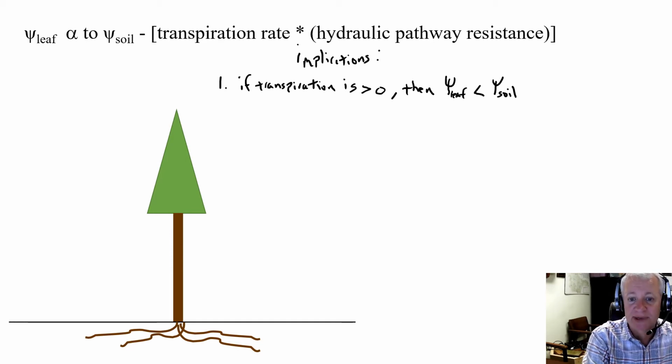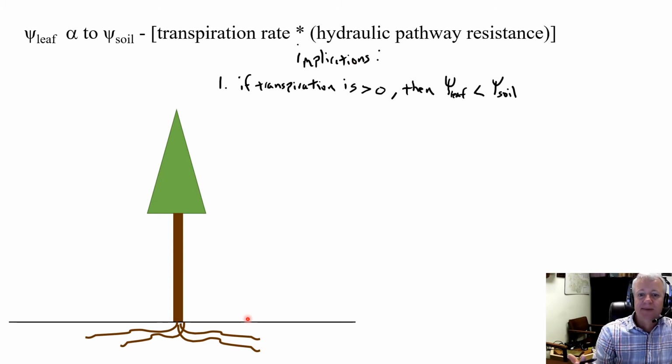In other words, leaf water potential is more negative than soil water potential. We know that's a fact from looking at this equation. If this term, transpiration rate, is greater than 0, then this whole term here will be non-zero. We'll be subtracting something off from soil water potential, which means leaf water potential will be less than soil water potential. So mathematically, that heuristic tells us that.